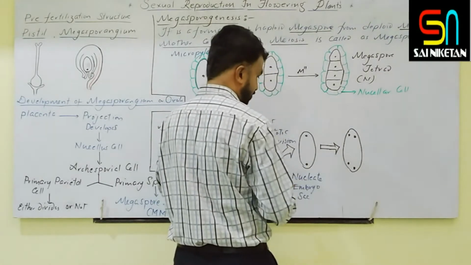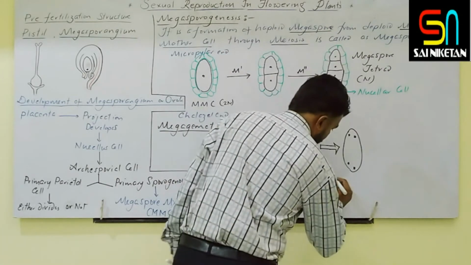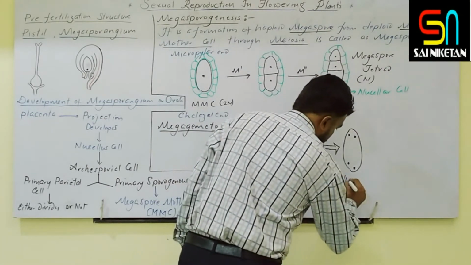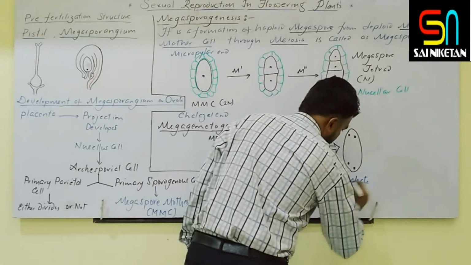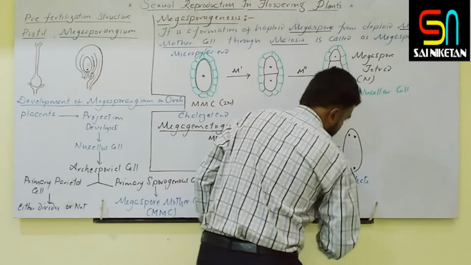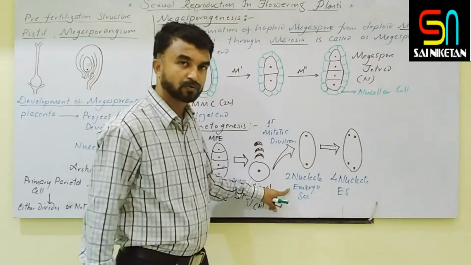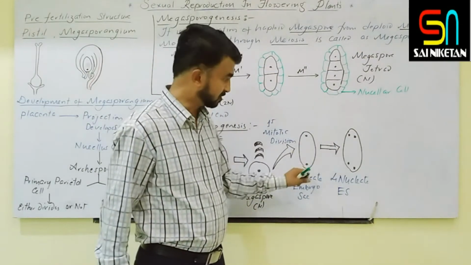So now this embryo sac contains 4 nuclei. That's why it is a 4 nucleate embryo sac.